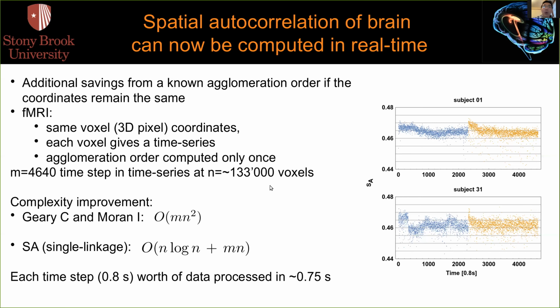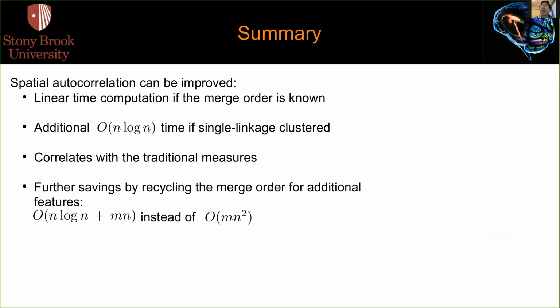To summarize the work that we've done, we were able to compute spatial autocorrelation in linear time in case the merge order is known already. We also gave examples that single linkage can be computed in n log n time, and average linkage and other cases can be computed in slower time.